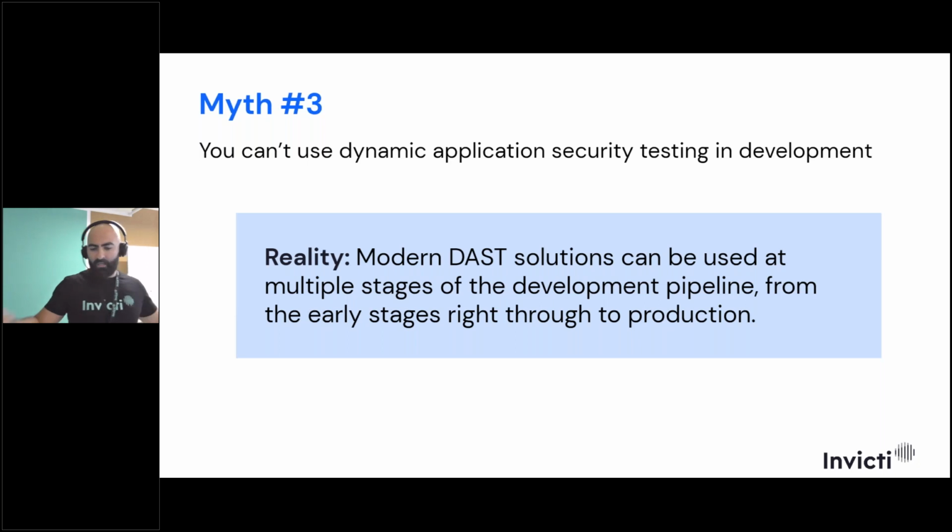Let's say that you have a weekly cadence of issuing new builds. Running a full scan every week on a build that has only slight changes is inefficient, especially if the scan might take quite a while if you have a big application. So you need an incremental scan. This is something that should be available in a DAST solution.